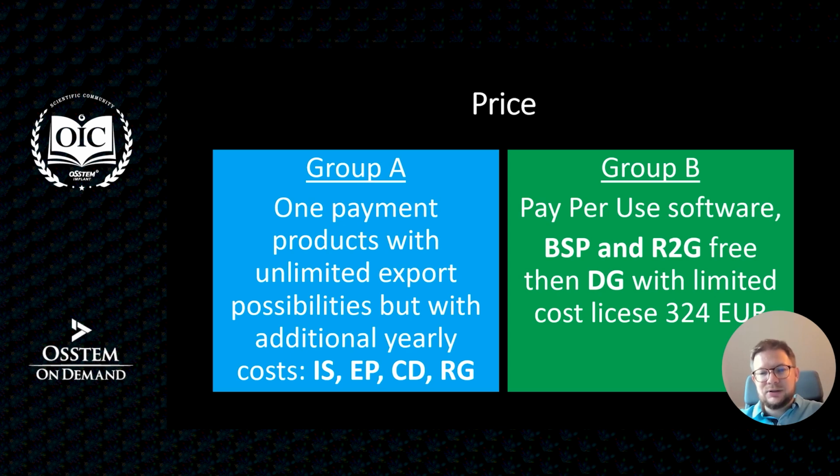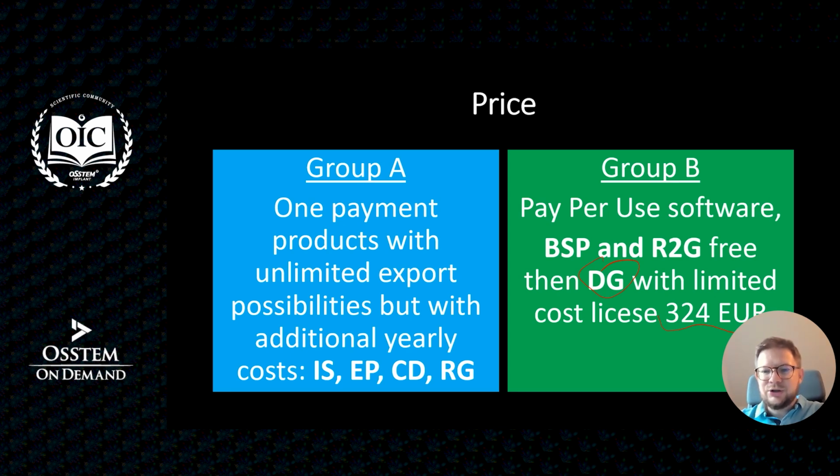In the next years we need to pay an additional license for each year of using it to get the updates, for example. And the second group is the pay-per-use software, which from our comparison is Blue Sky Plan, Air2Gate, and Dentic Guide. However, Dentic Guide also requires an additional license to have the USB dongle.